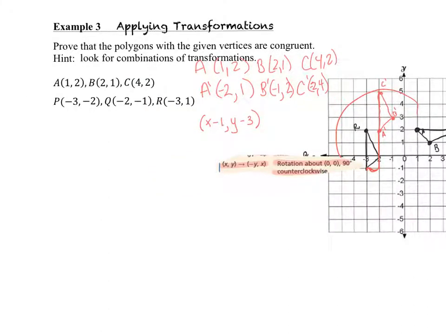So if we use that mapping statement and we subtract 1 from all of the x's and subtract 3 from all of the y's, we'll end up at the final transformed coordinates. So -2 minus 1 is -3, and 1 minus 3 is -2. So this one works. -1 minus 1 is -2, and 2 minus 3 is -1. So Q works. And -2 minus 1 is -3, and 4 minus 3 is 1. So point R works as well.